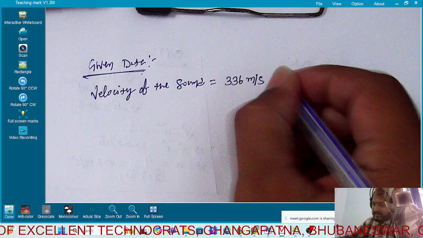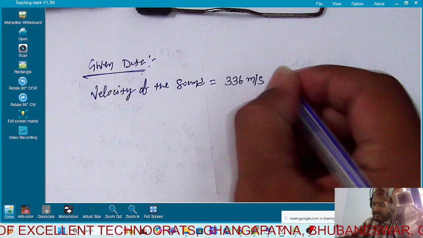T1 is the time taken by the stone to reach the well, and T2 is the time taken by the sound to be heard. Any doubts? What is T1 and T2?